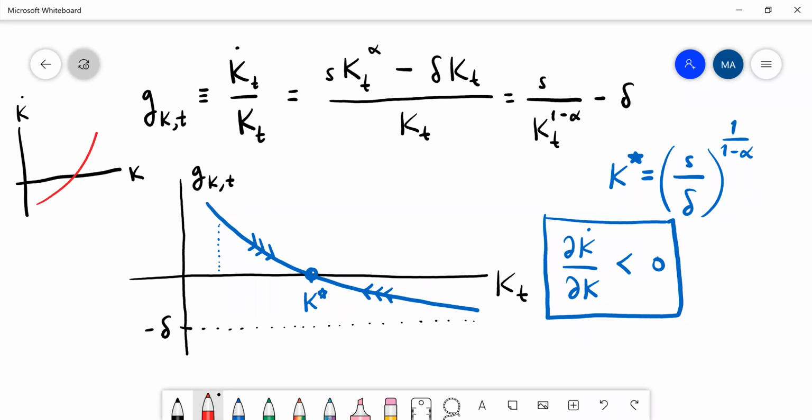Okay, so what do you see here? Well, even if there is a steady state, the sign is positive here, and the sign is negative here, right? So as you see, such a steady state is not stable. Okay, so that's important.